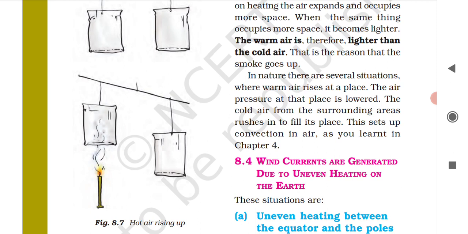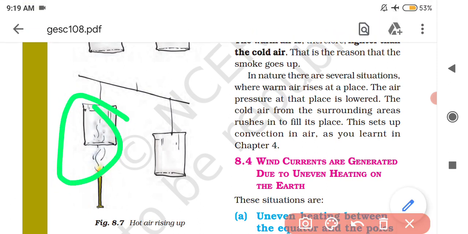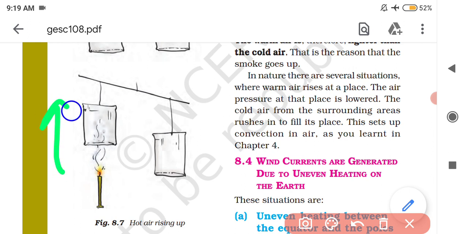As you can see from this figure, the candle flame is put below the left side paper bag. We will see that after some time, the left side of the wooden stick goes up. It will go up, showing that it has become lighter than the right side.